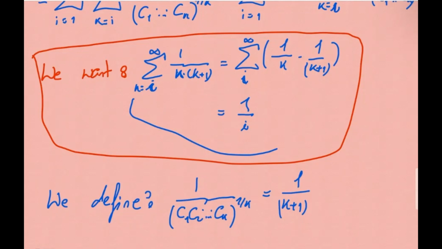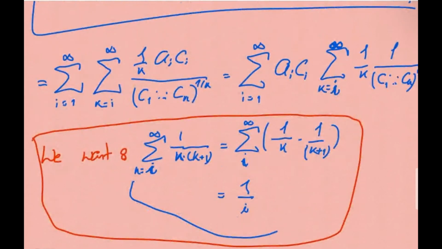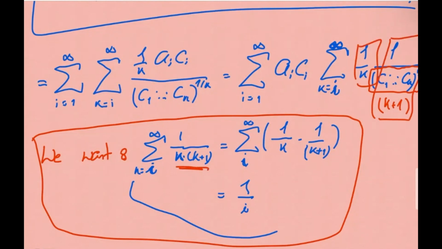This makes this trick so interesting. These c_i are unknown. As long as they are positive, we can do these kinds of conditions and definitions. So why did we do these definitions? Well, because if we define this thing here as k plus 1, well, then we have exactly what we wanted. It's just the summation of 1 over k and 1 over k plus 1. And if we do this, then we get our result, which is then 1 over i. Okay.